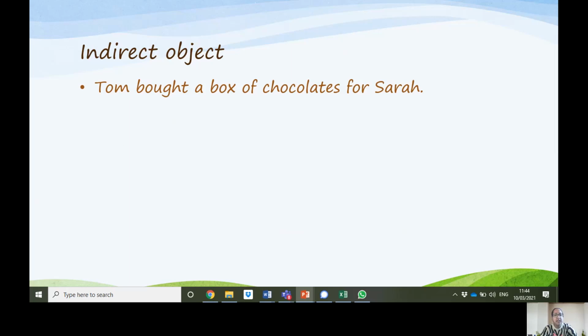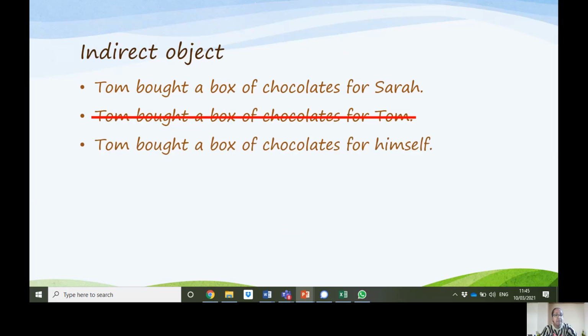But if he decided that he wanted a box of chocolates, we can't say Tom bought a box of chocolates for Tom. That doesn't sound right. So instead, we say Tom bought a box of chocolates for himself. So he is the indirect object. The box of chocolates is the direct object.